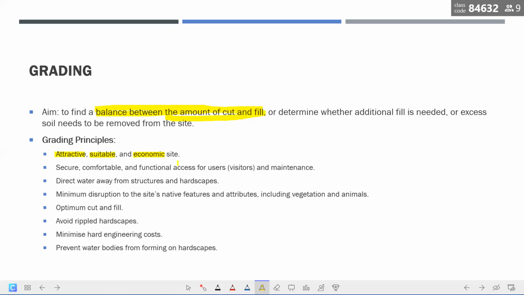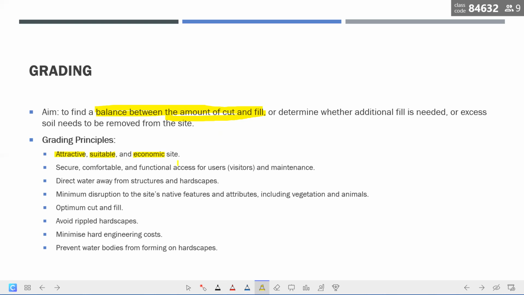A lot of the times, grading or cutting and filling is cheaper than introducing hard engineering measures, as I mentioned last week, and perhaps any other structural measures to conform with the site.